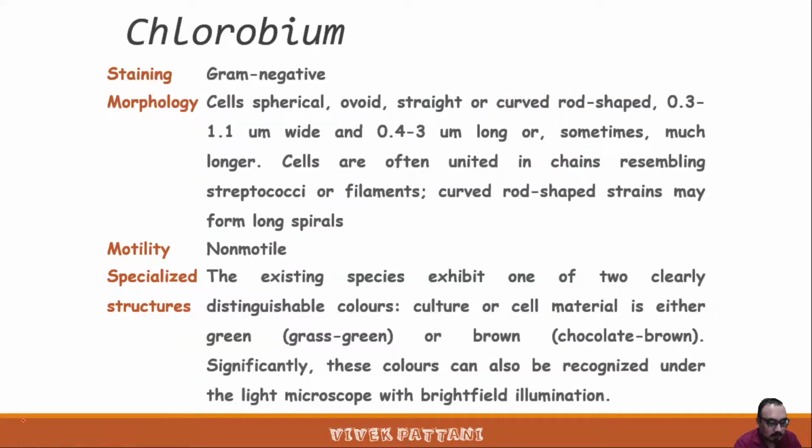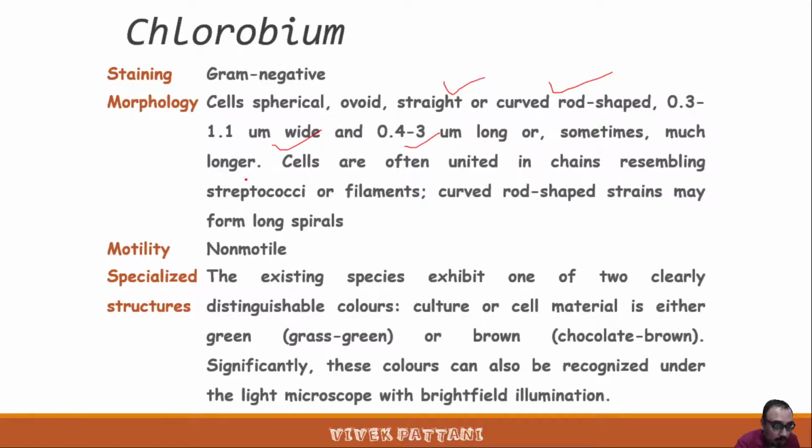Next one is Chlorobium. The next bacterium is Chlorobium. Again, gram negative, cells spherical, ovoid, straight or curved rod shaped, 0.3 to 1 micrometer wide and 0.4 to 3 micrometer long, and sometimes much longer also.